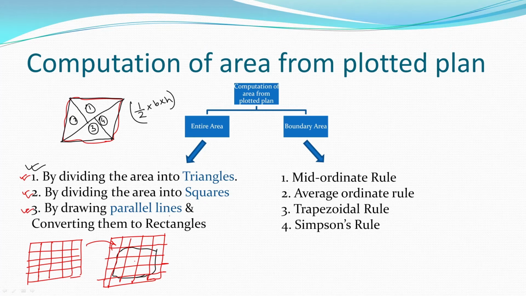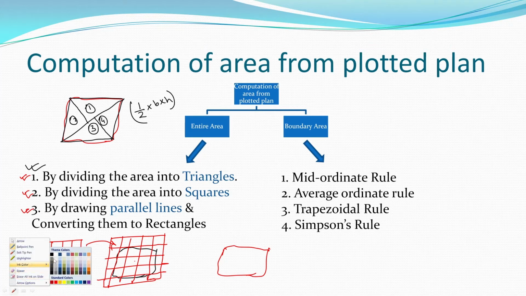Now the third one, that is drawing the parallel lines and converting them into rectangles. The same case is over here. Suppose we have to determine the area of this particular portion. What we need to do is draw a series of equidistant parallel lines on a tracing paper.